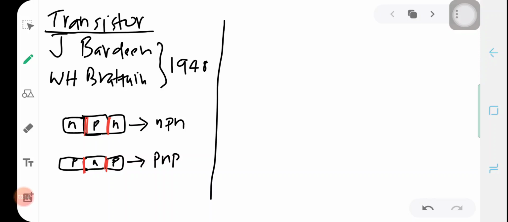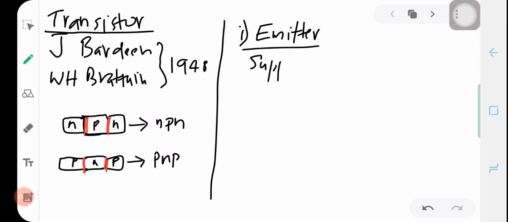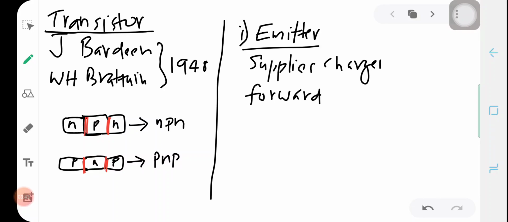So now let's see the different regions of a transistor. The first region we name as the emitter. As the name implies, it emits the charge carriers. That means it supplies the charge carriers to the circuit containing a transistor. And an important thing is that the emitter should always be forward biased.